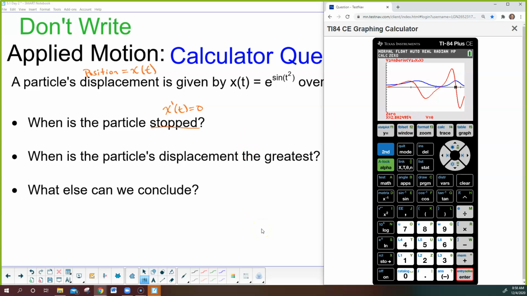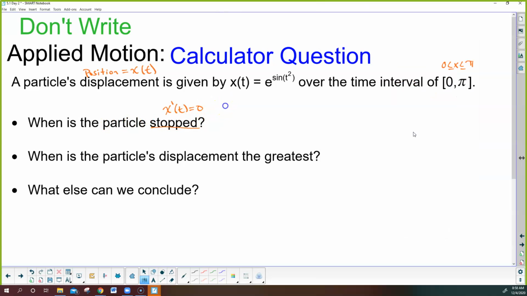Okay. So that's finding the zeros, which, anytime the particle is stopped, the derivative is 0. So I'm just going to record my answers. Now you'll notice I have these pre-written down. We don't really want to round yet because I may be using these answers later on.